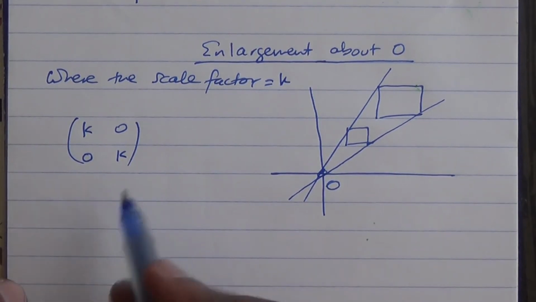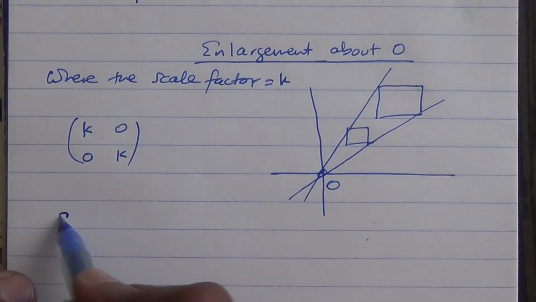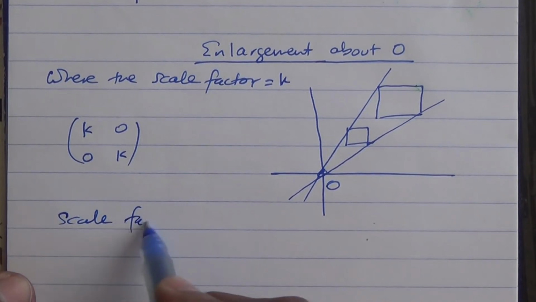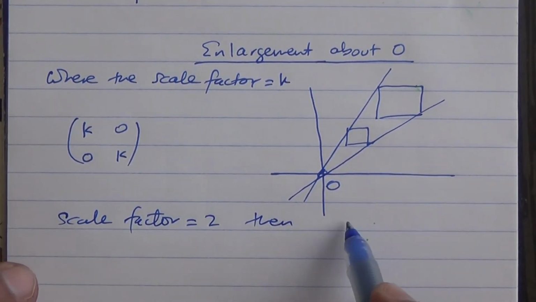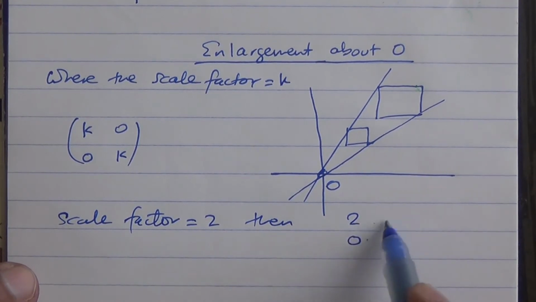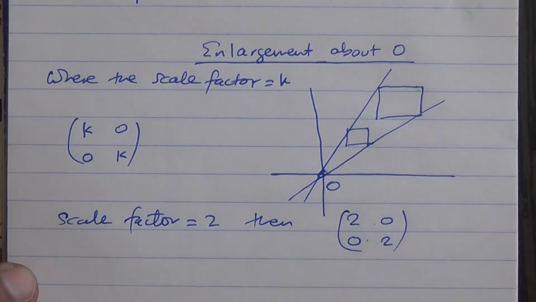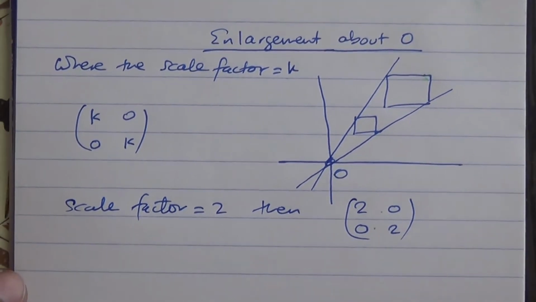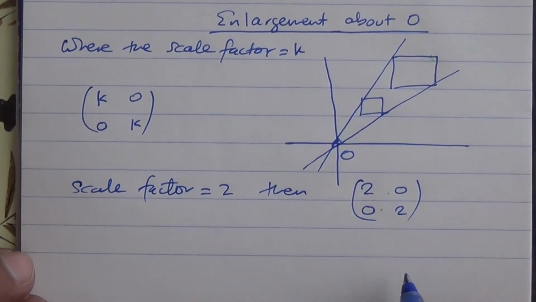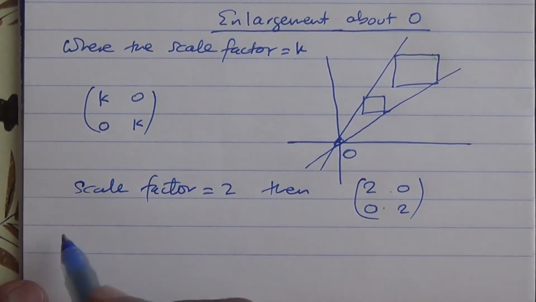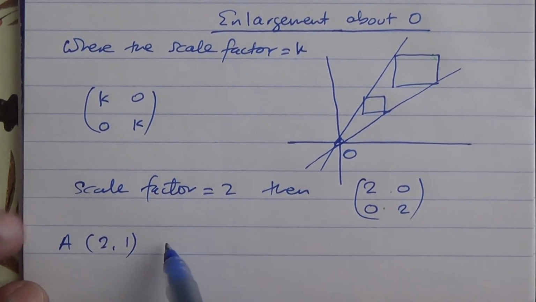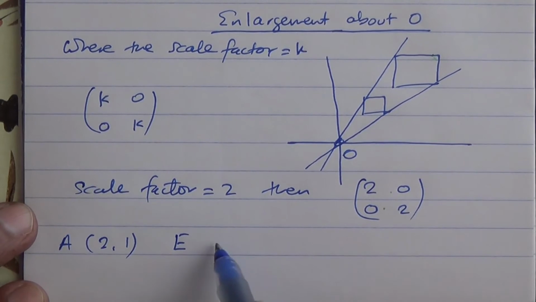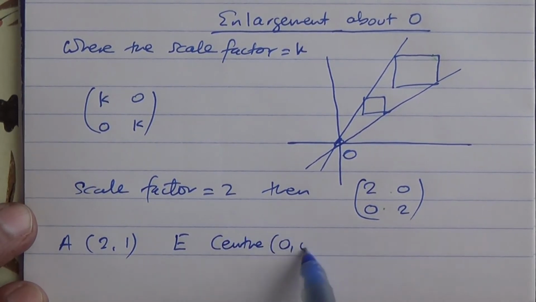Okay, if the scale factor is 2, then the matrix that you will use throughout the transformation will be [2 0; 0 2] for your enlargement. So you can get a question where there is a coordinate A, and the coordinate is (2, 1), and I tell you there is an enlargement, and the center is (0, 0).